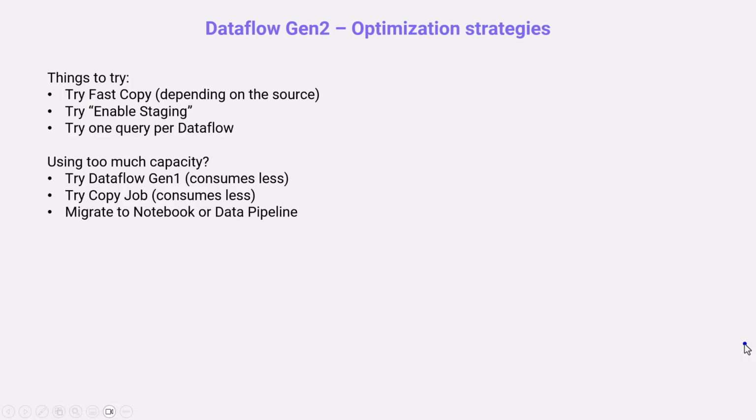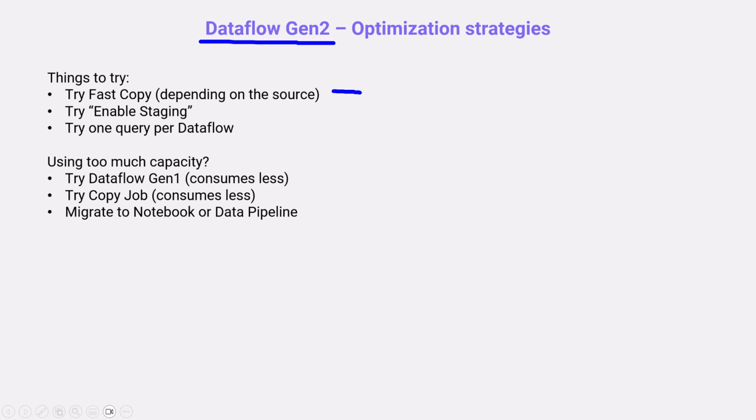So there's a few different optimization strategies that you can use within the Dataflow Gen2. If you're experiencing high capacity consumption, which let's face it, you might be, because the Dataflow Gen2 is the highest consumer of capacity units of all of the data processing tools, there are some optimization strategies and tools that are available to you to try if you're using too many capacity units with your Dataflow Gen2.